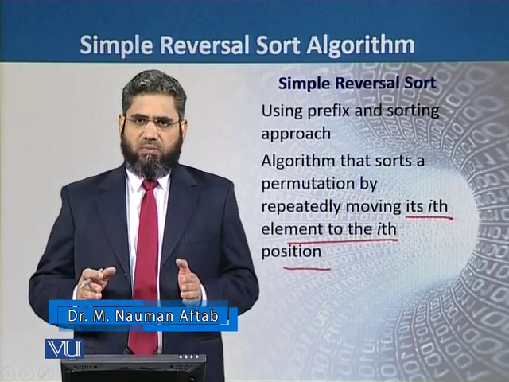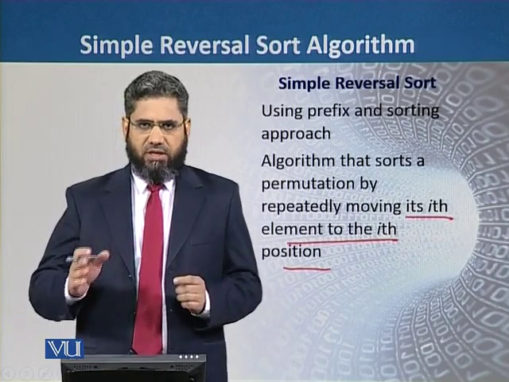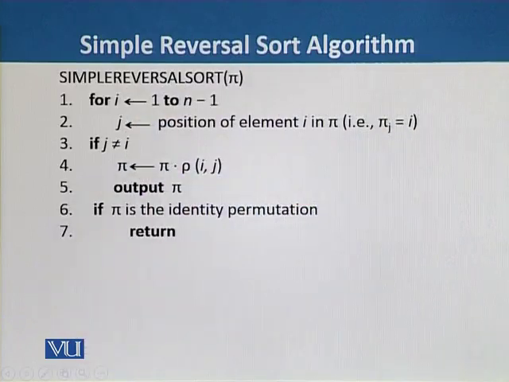And we already know what the ith element and ith position are; we studied them in the previous modules. So this is the algorithm we come up with by using the simple technique of increasing the size of a prefix, and we call this algorithm simple reversal sort, with input pi.